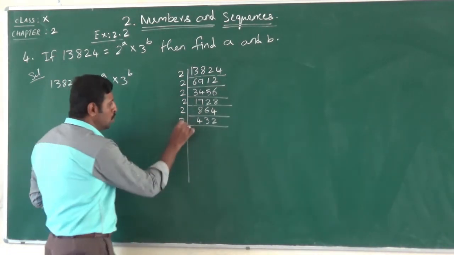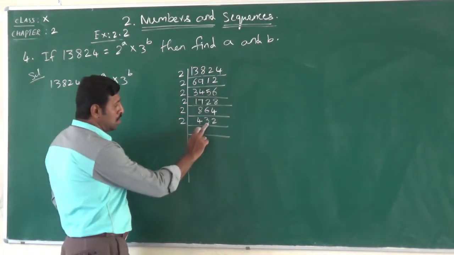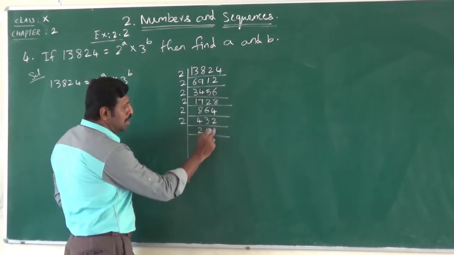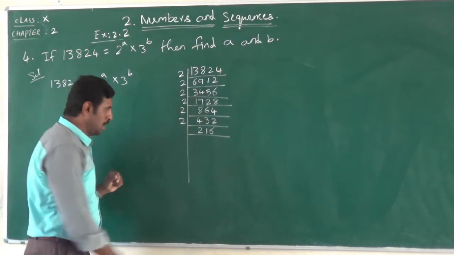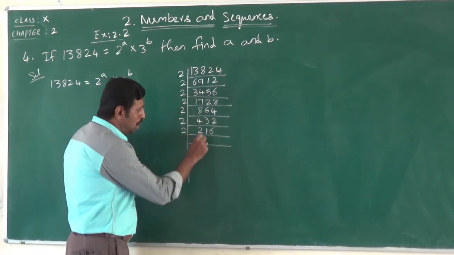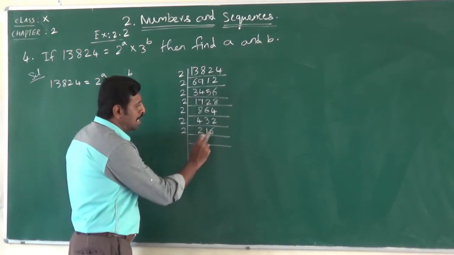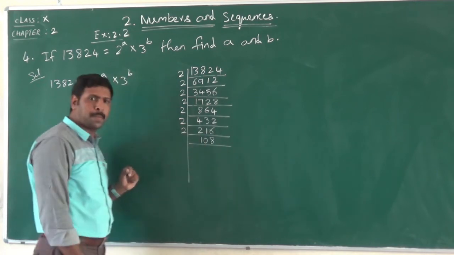Again divide by 2, we get 864. Divide by 2 again, we get 432. Again divide by 2, we get 216.